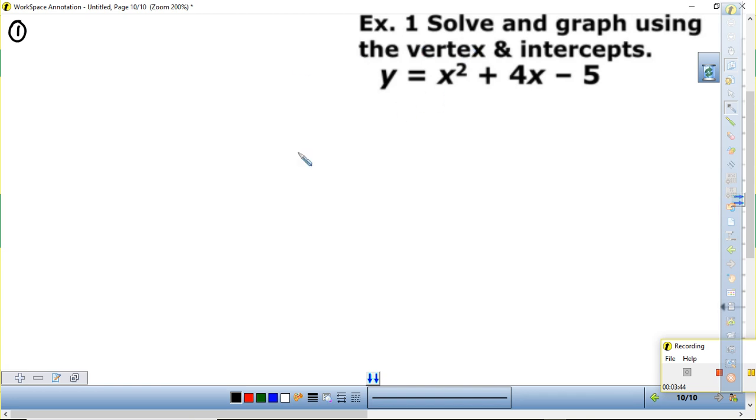Tell your neighbor, step 1, please. That is correct. Standard form and making y equal to 0. So this is 0 equals x squared plus 4x minus 5. Okay, that's step 1.